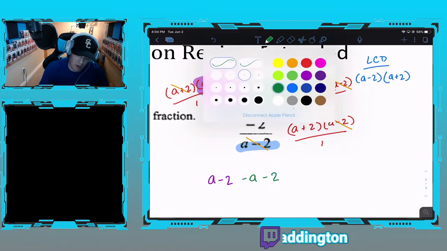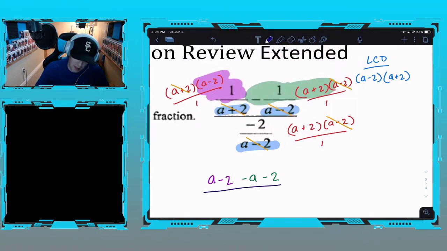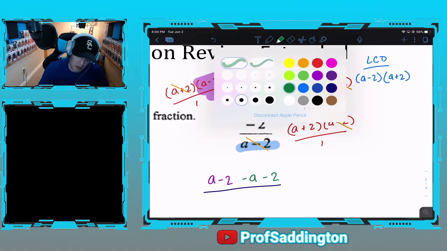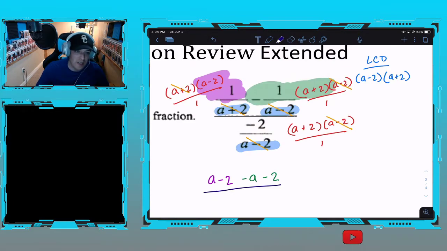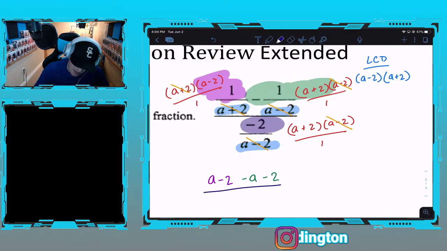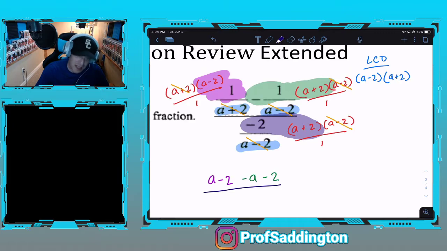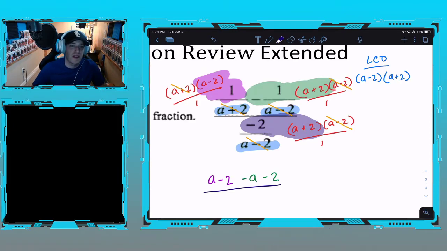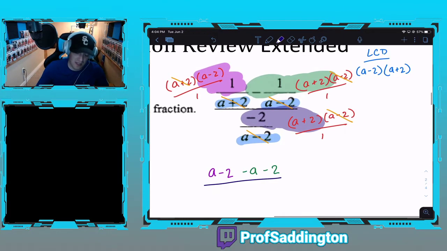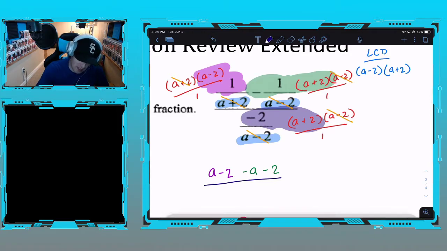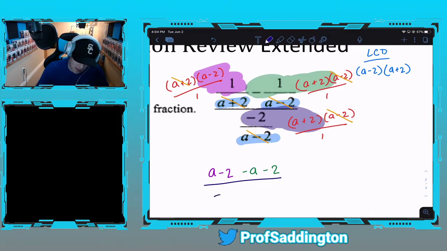And then it's all over, what color should I use? I'll use this dark purple. Same thing when we go to do this. Negative 2 times a plus 2 is negative 2a minus 4.